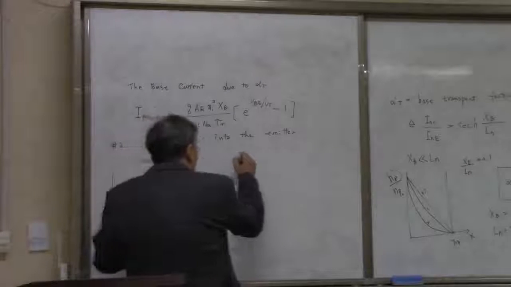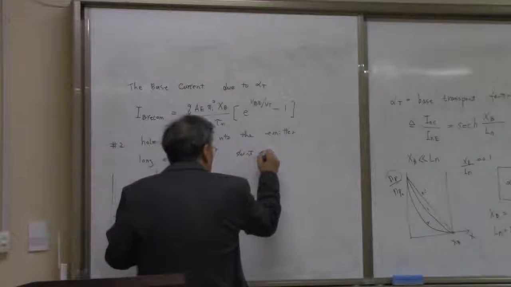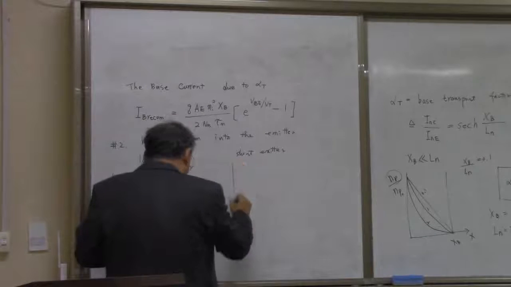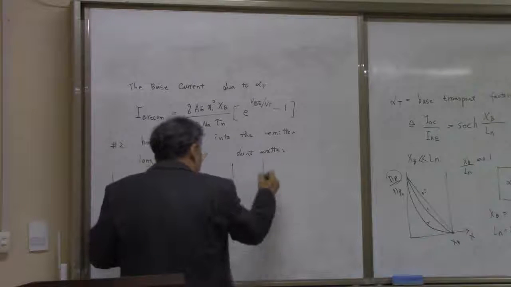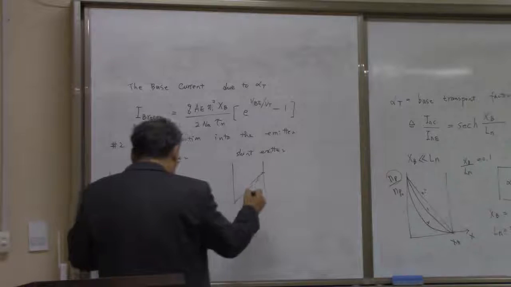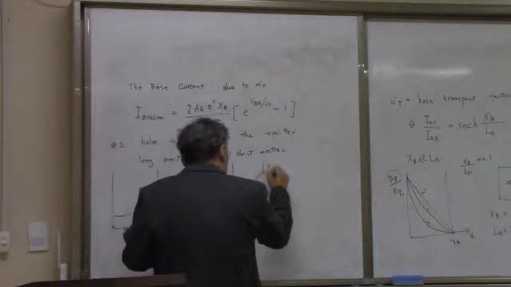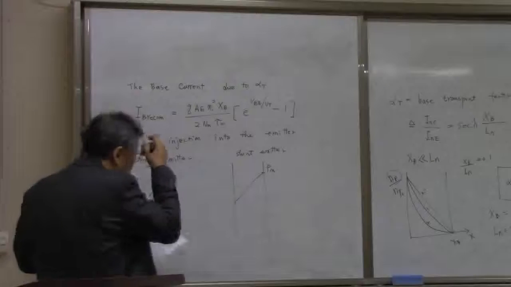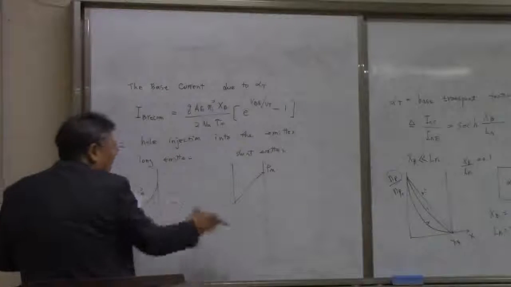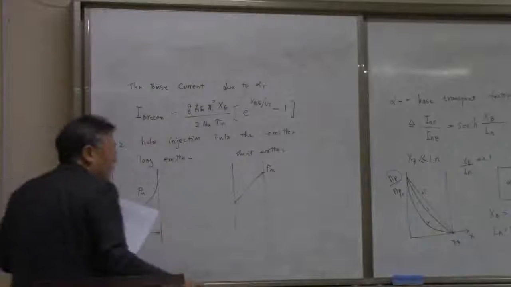But if we have a short emitter, then we're supposed to have a straight line decrease of the injected holes. It's very similar to the short base diode and long base diode case.